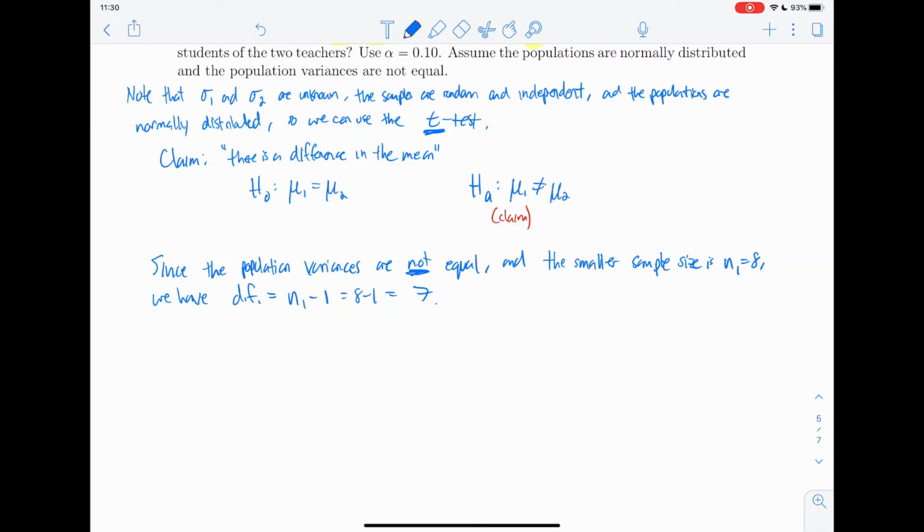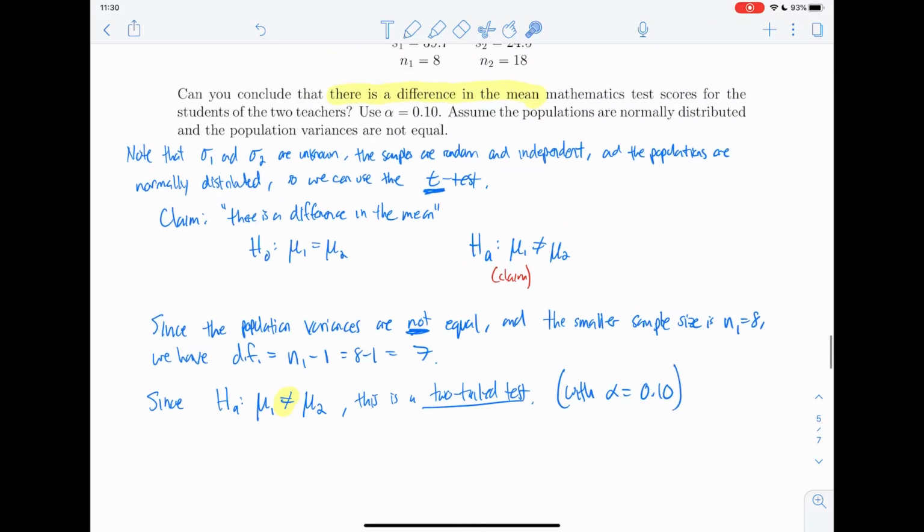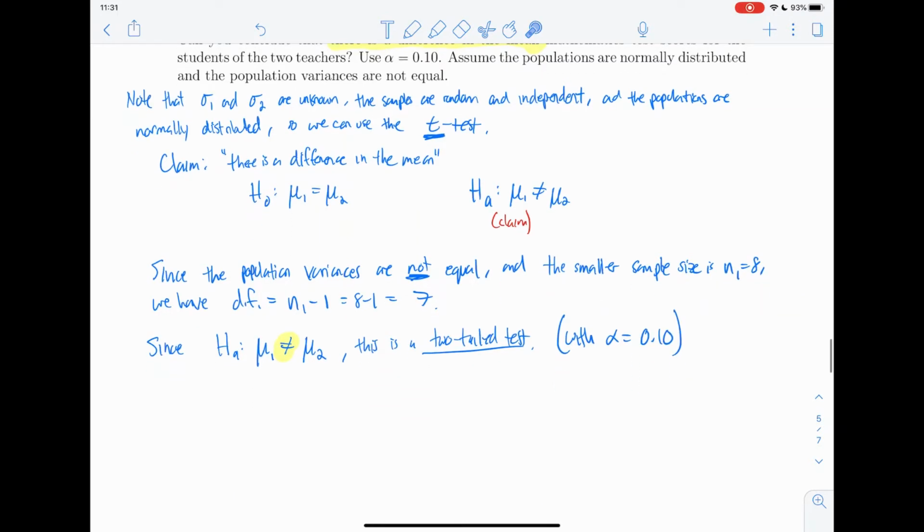So what we'll see here is that since the alternate hypothesis is that mu1 is different from mu2, that is, the important observation is the existence of the not equal to symbol, this is a two-tailed test. Of course, with the level of significance assumed at 0.10. That was given in the problem up here, right? So now we have the nature of the test, the level of significance, and the degrees of freedom. We can find our critical values.